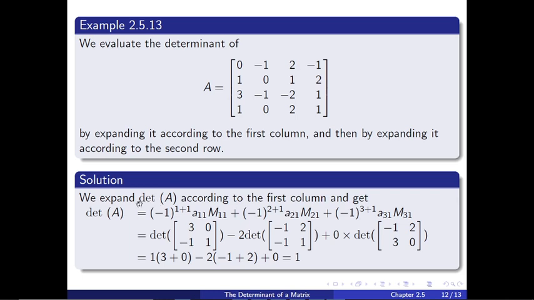So if we expand the determinant according to the first column, you see that the first column is not changing, so 1 1 1 1, everything is 1 here, because we are expanding according to the first column. So we can find M12, M21, M31 like that.